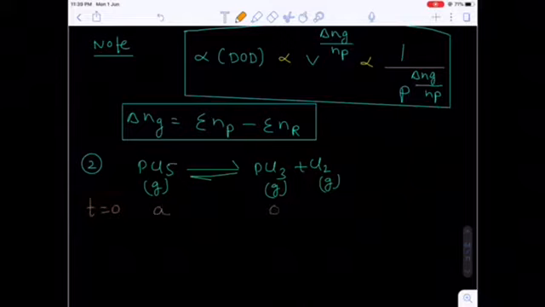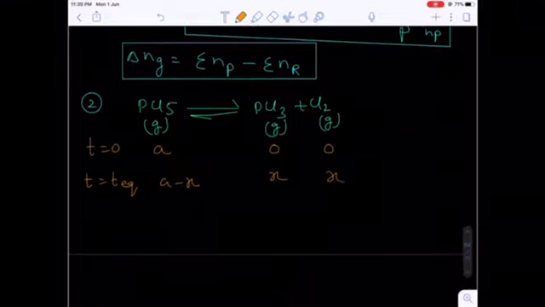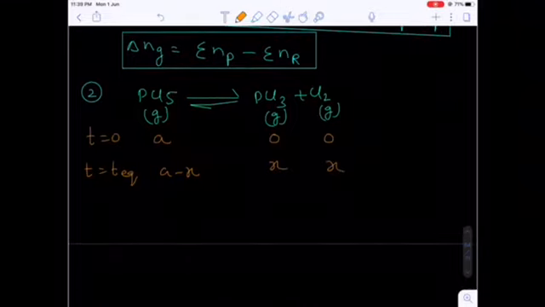Let's suppose we have initially a moles, 0 moles, 0 moles. When the system attains the equilibrium, let's suppose x moles of PCl5 decomposes, the remaining moles are a minus x, and x moles of PCl3 and x moles of Cl2 will be formed.